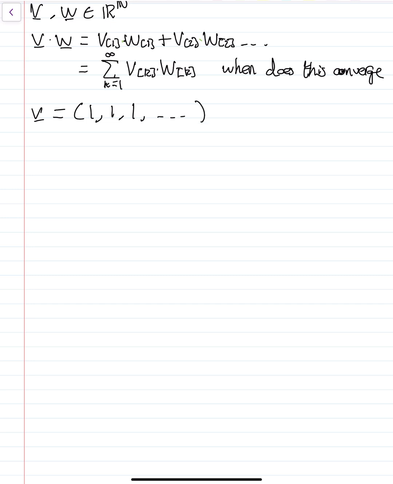I've got 1 in each component. Then if I do v dotted with itself, which you may be familiar with being written as the modulus of v squared, that's just going to be the sum from k equals 1 to infinity of 1 squared. And of course, that's going to blow up. That's not going to converge.